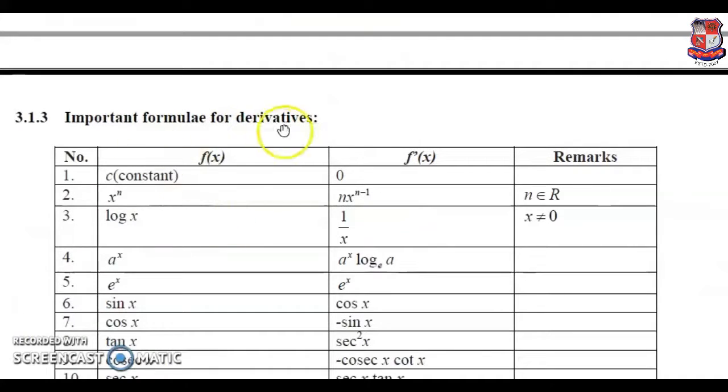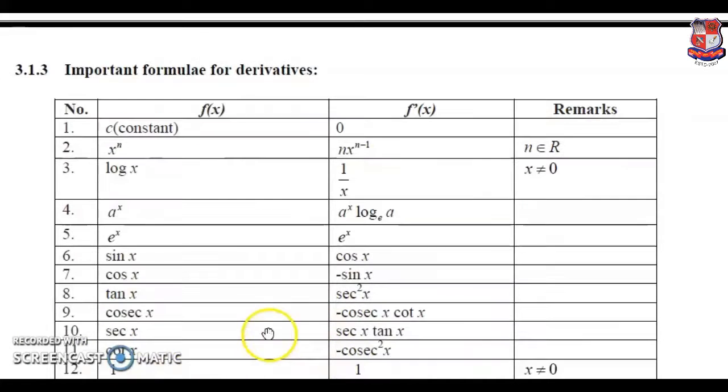Now the important formulas for derivatives. For a constant c, the differentiation is 0. For x raised to n, the differentiation with respect to x is n x raised to n minus 1, with the necessary condition that n belongs to R. Log x gives 1 by x, x not equal to 0. a raised to x gives a raised to x into log e base a. e raised to x gives e raised to x. sin x gives cos x. cos x gives minus sin x. tan x gives sec square x. cot x gives minus cosec square x. sec x gives sec x into tan x. cosec x gives minus cosec x into cot x.